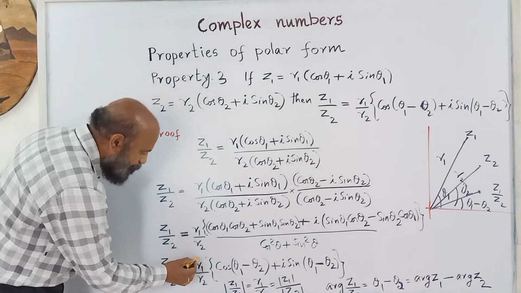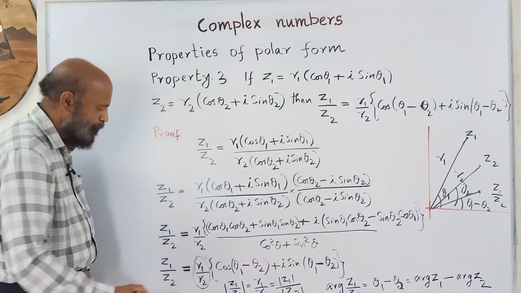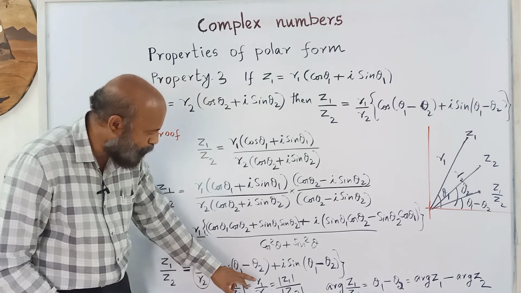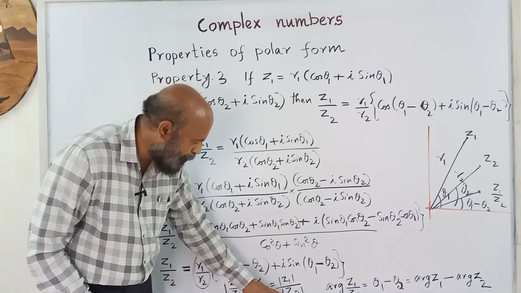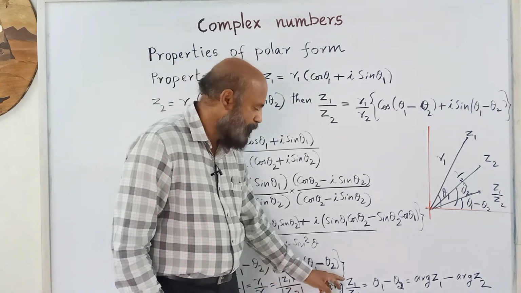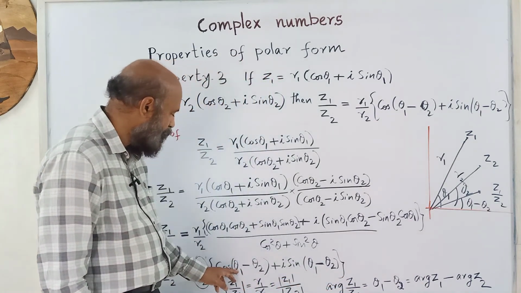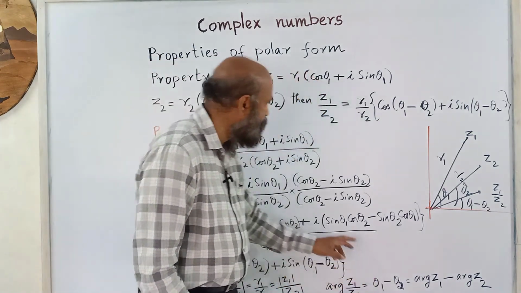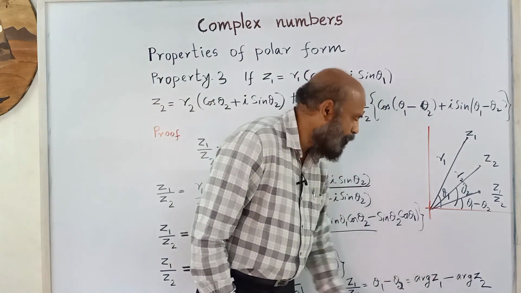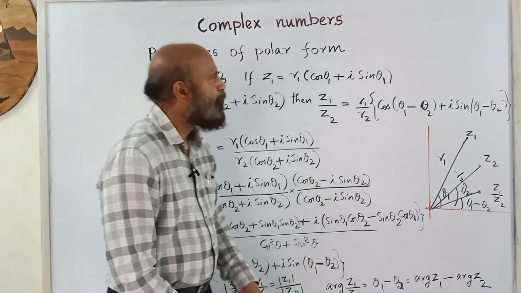So you can see the modulus of the quotient is r1 by r2. So modulus of z1 by z2 is equal to modulus of z1 divided by modulus of z2. Then argument of z1 by z2 is theta 1 minus theta 2, that is argument of the first complex number minus argument of the second, so argument of z1 minus argument of z2.